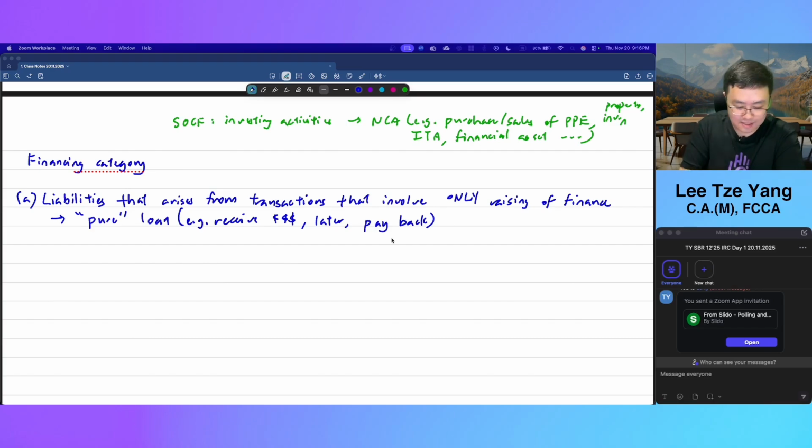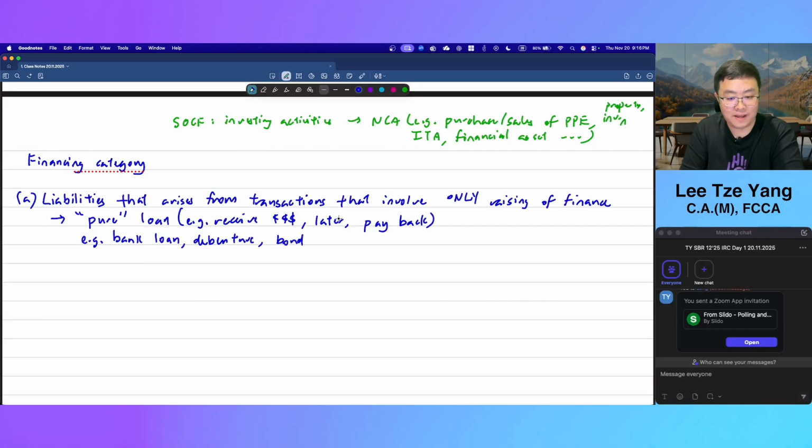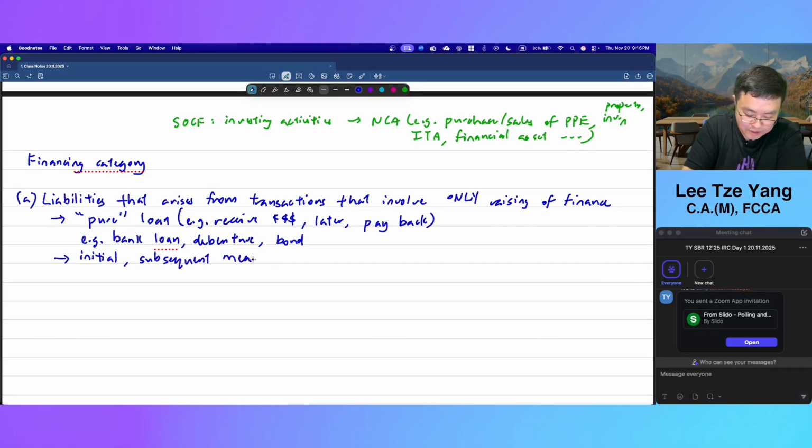So in this case, examples will be like bank loan, debenture, bond, something like that, where you really receive money and you will pay back. That is the idea. So if all this, then it will be under financing category. So to make it clear, initial or subsequent measurement.